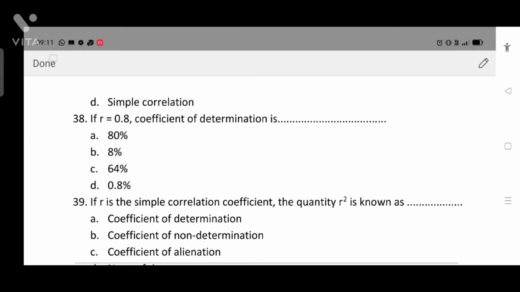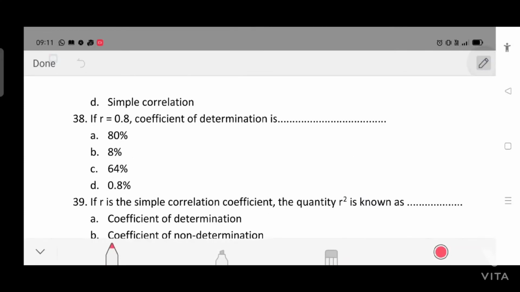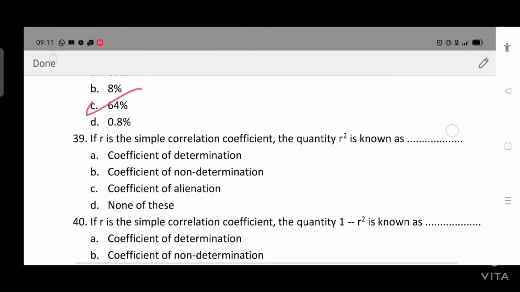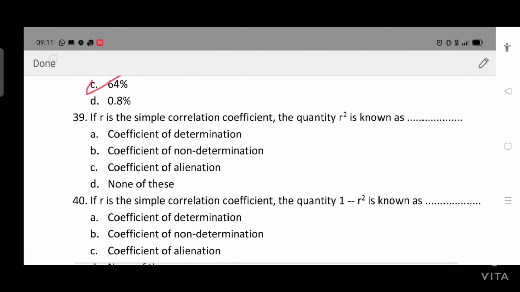If r equals 0.8, the coefficient of determination is A, B, C, D. C, 64%. If r is the simple correlation coefficient, the quantity r square is known as A, B, C, D. Answer A, coefficient of determination.